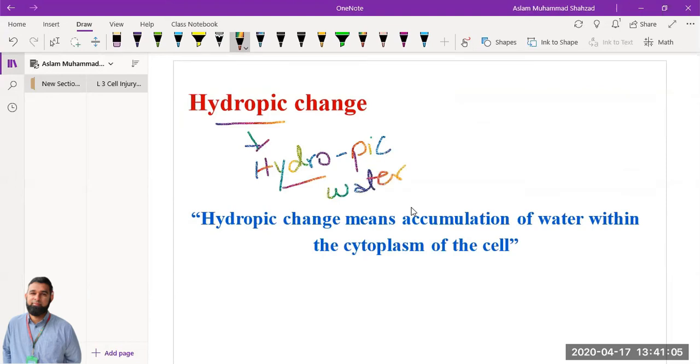According to our definition, it is the accumulation of water within the cytoplasm of the cell. So in some pathological changes, there will be accumulation of water. Why does this happen? Because of impaired regulation of sodium and potassium.